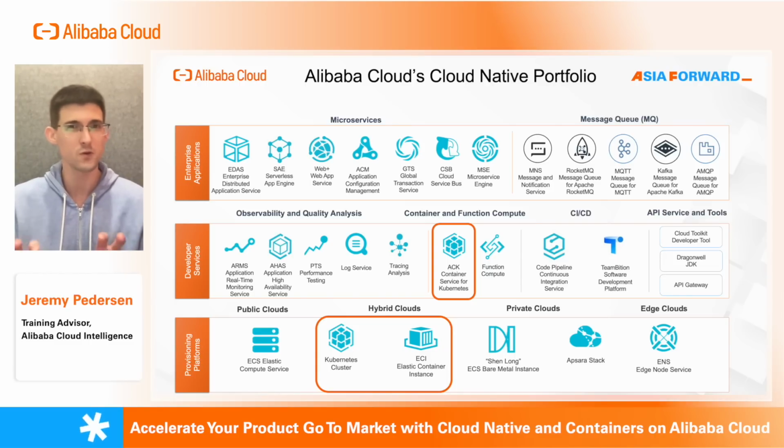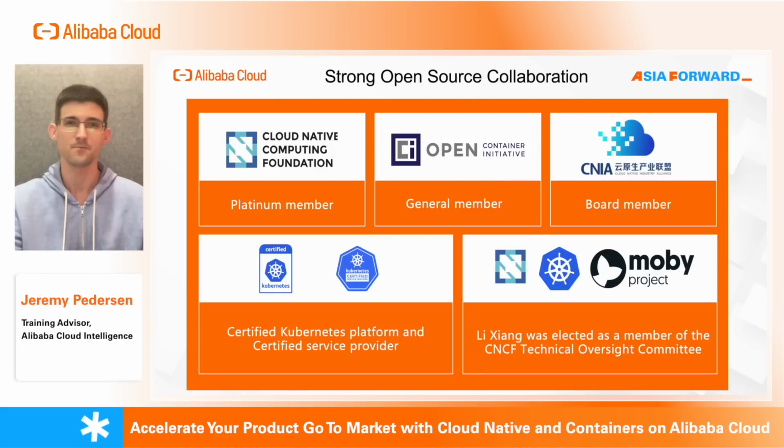So we'll focus on those core tools because container-based workflows have become such an important part of cloud native. I should point out also that Alibaba Cloud is not alone in this. We are a major beneficiary of these open source projects, and we also contribute back to them. We're a general member of the OCI, the Open Container Initiative. We're a member of CNCF.